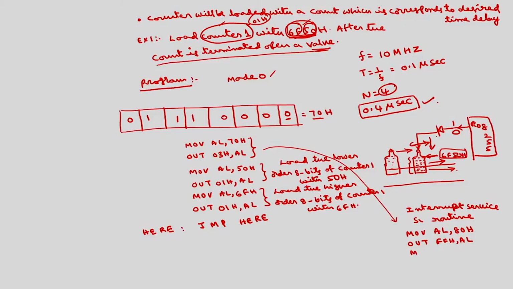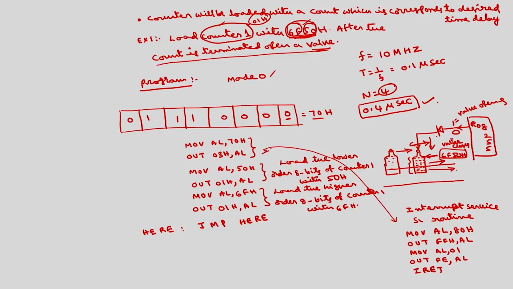Then MOV AL, 1 means the valve opens, 0 means the valve closes. So, AL, 01, so that the last LSB bit becomes 1, OUT port C address is FEH, then IRET, interrupt return.